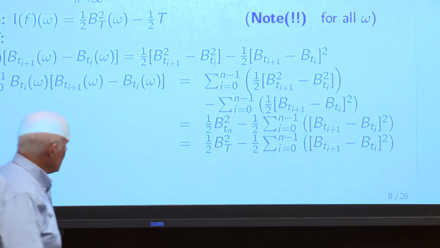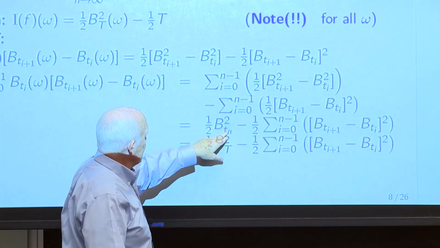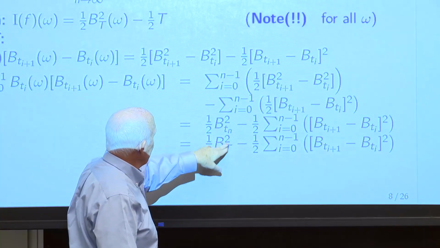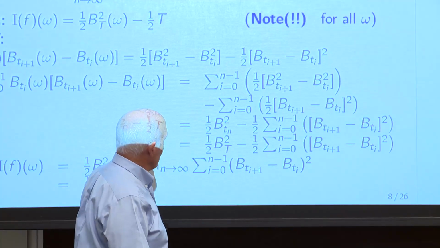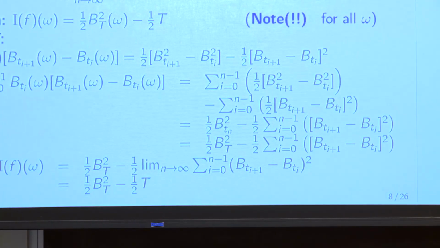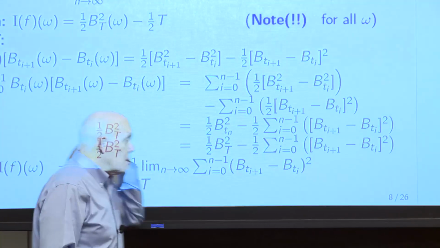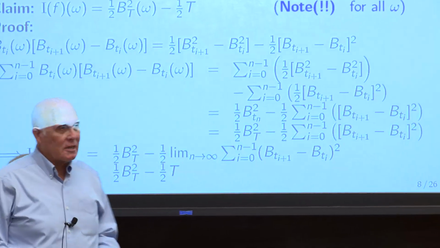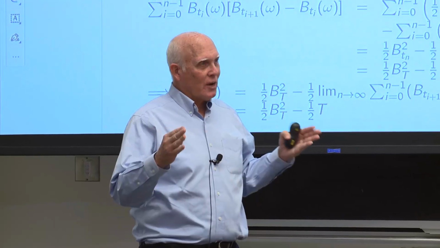If we know what the last time interval term is, Tn, that's capital T. And then we have the same terms on the right. What's important to know is that the limit of the sums of these increments converges to T, capital T. This was the property of the total variation of Brownian motion over any increment.